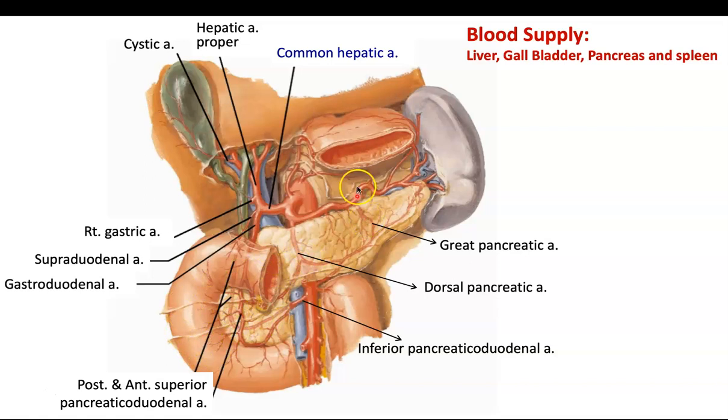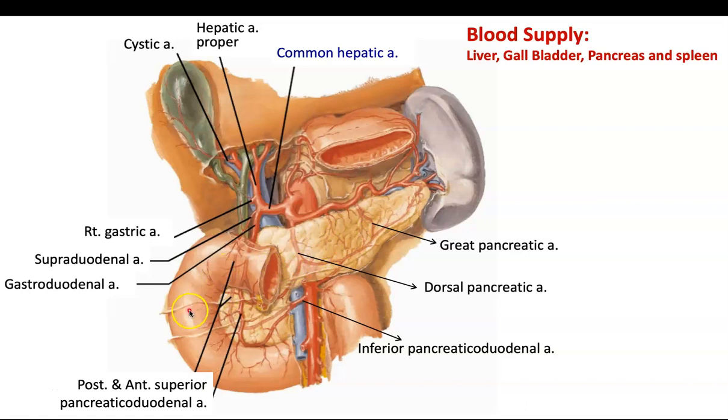Okay, now the pancreas and part of the duodenum receive blood supply from both vessels, the celiac trunk and superior mesenteric artery. We mentioned before that the celiac trunk provides blood supply to the derivatives of the foregut, and the superior mesenteric artery provides blood supply to the derivatives of the midgut. So now the pancreas and duodenum are at the junction between the foregut and midgut.